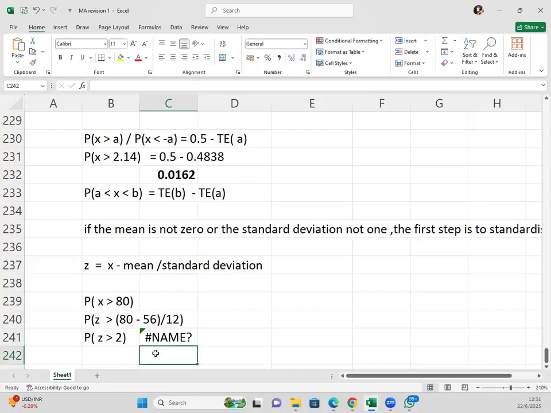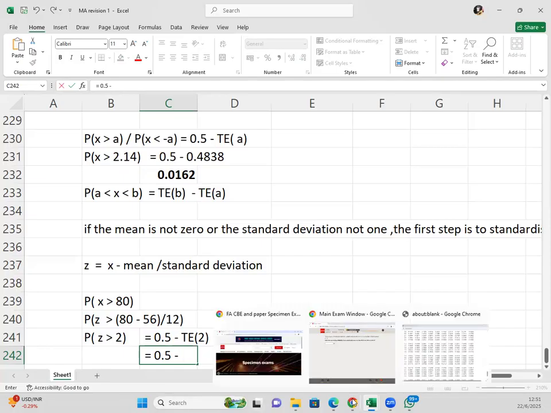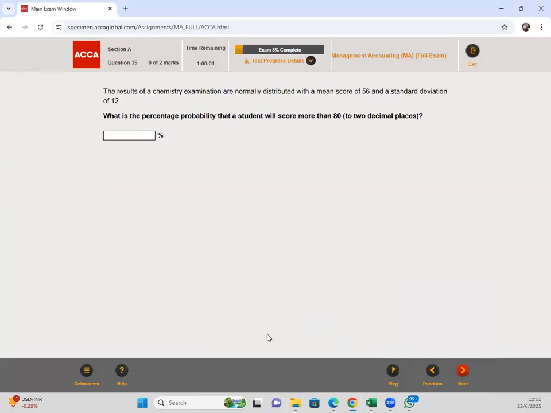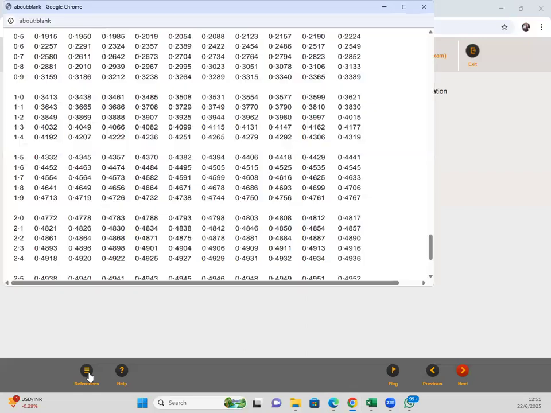So 0.5 minus, let's go and find the table entry 2. So 2 is just 2.00. So it's 2.0 under 0. That's 0.4772.